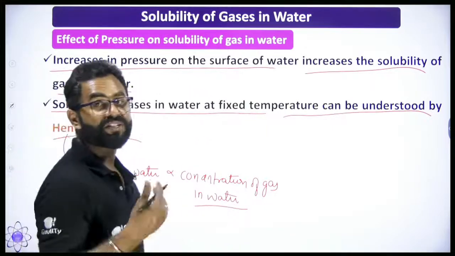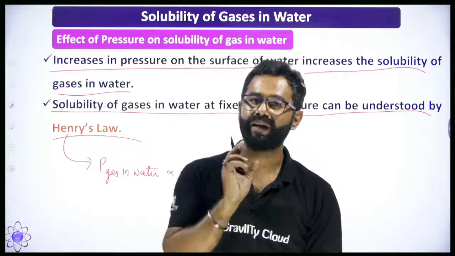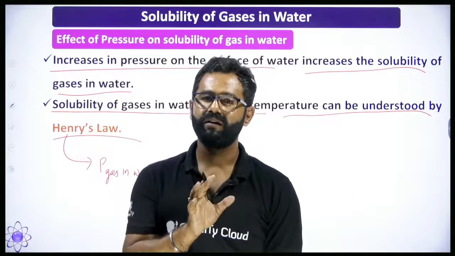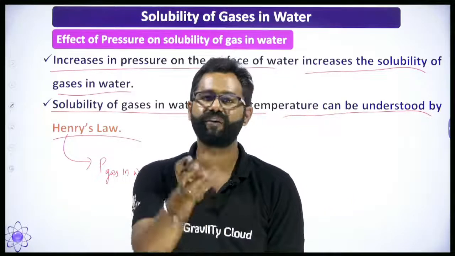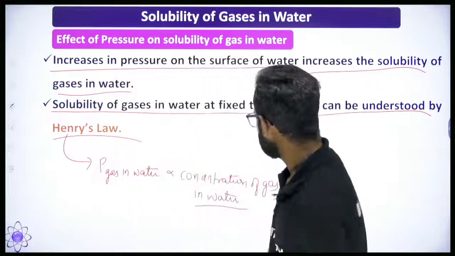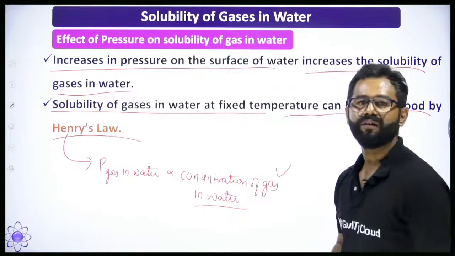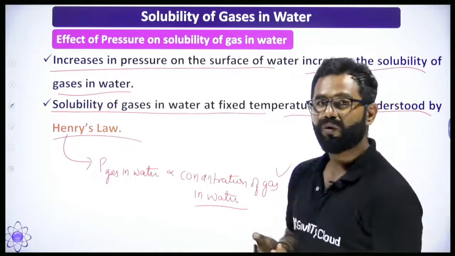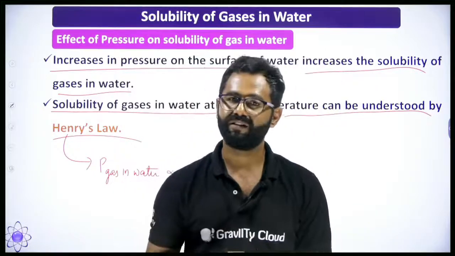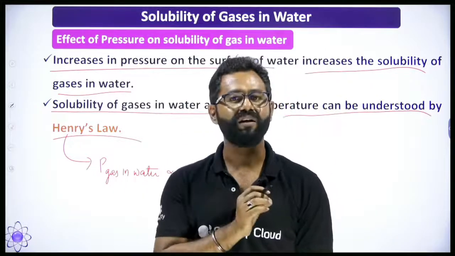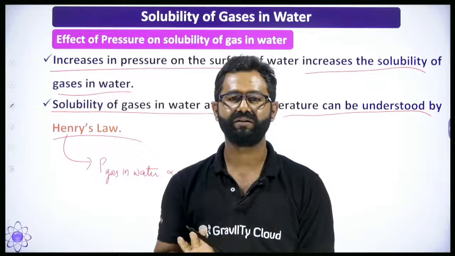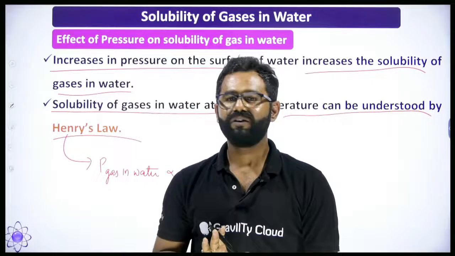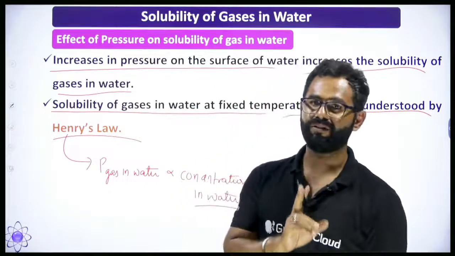Understood? Whatever pressure we have of gas in water is directly proportional to concentration of gas in water. That means if the gas is more in water, it will have more pressure. If the gas is less in water, it will have less pressure. Simple. So two things we have understood about the solubility of gases in water.